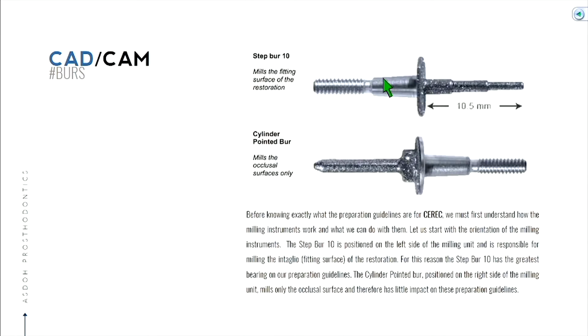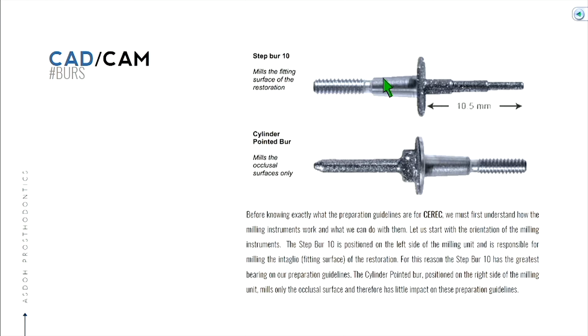Okay, so let's talk a little bit about the burs, because this is going to affect the way that we prepare the tooth. Before knowing exactly what the preparation guidelines are, we must understand how the milling instrument works. Okay, so there are limitations to what we can mill. We have what they call a Step Bur 10, and you can get differing burs of different lengths. But the idea is there's a pointed tip bur, and then there's a sort of square tip.